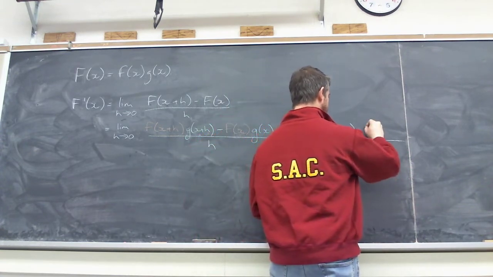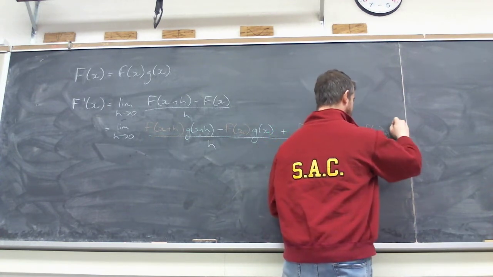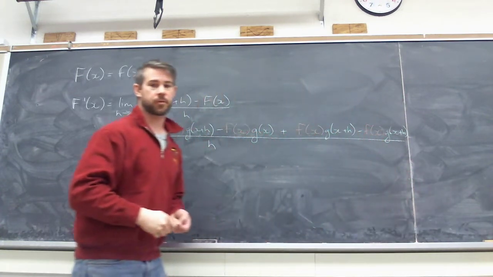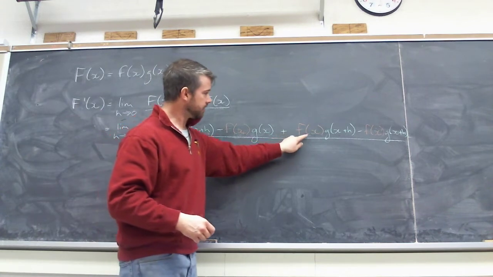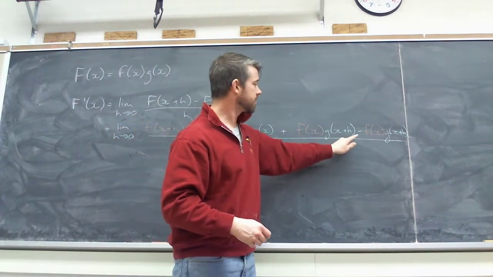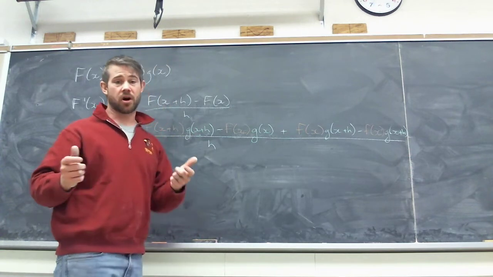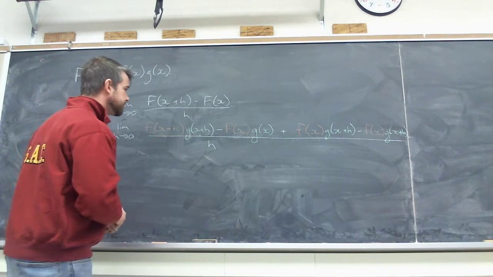So minus f(x) times g(x + h). And it's at this point in the proof where I try to remember if I was supposed to add f(x + h) times g(x) minus f(x + h) times g(x). But I really can't recall. I think the only thing that will be different is the signs will perhaps change.